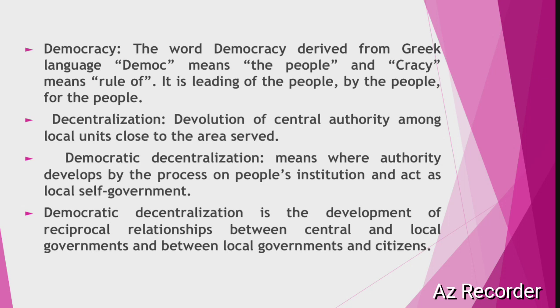Democratic decentralization means where authority devolves by the process on people's institutions that act as local self-government. Democratic decentralization is the development of reciprocal relationships between central and local governments and between local governments and citizens.